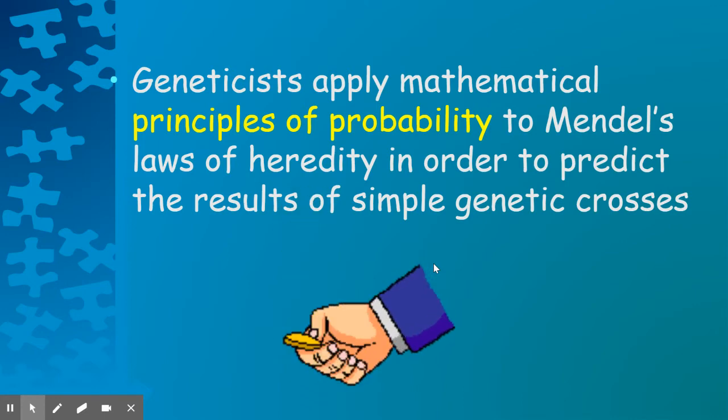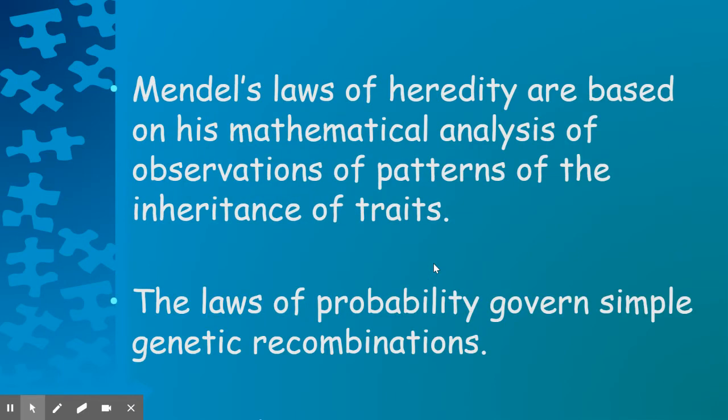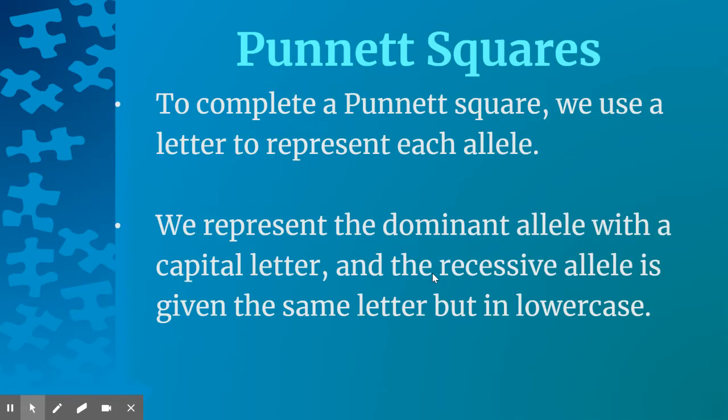Mendel applied this math to the laws of heredity in order to make predictions about the results of these simple genetic crosses. Mendel's laws of heredity are based on his mathematical analysis of the observations of patterns of the inheritance of traits. It's a fancy way of saying the laws of probability govern simple genetic recombinations.